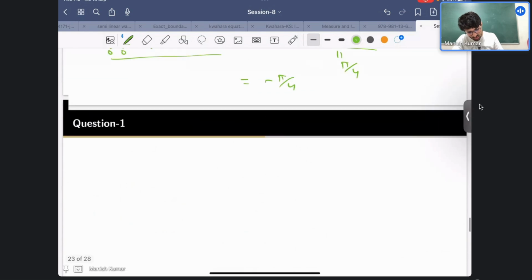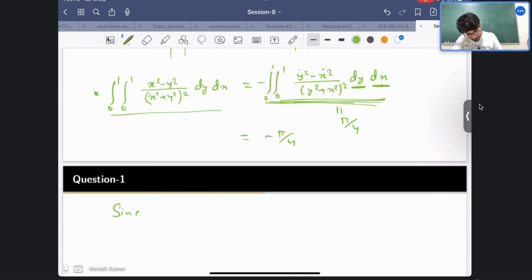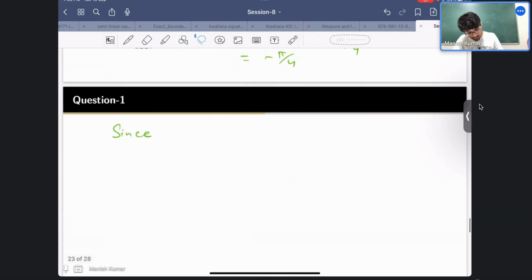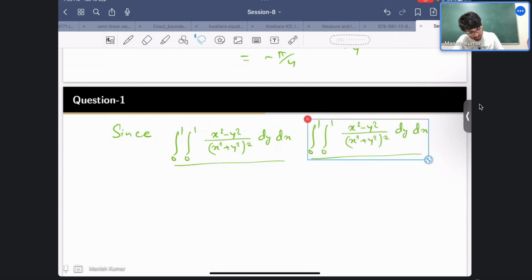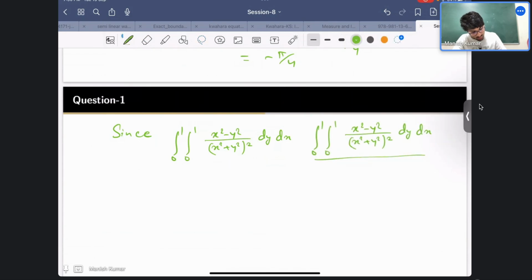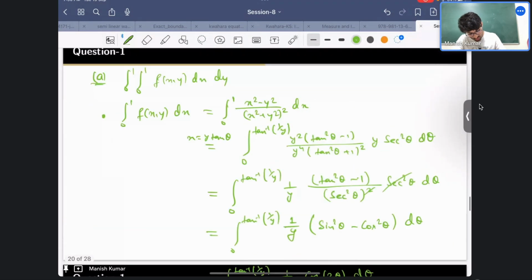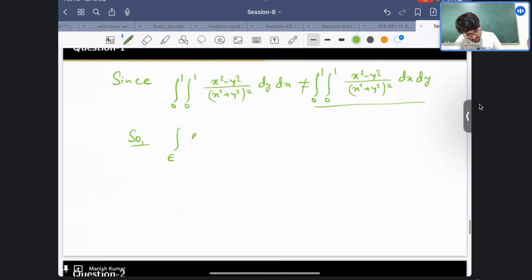Since they are not equal, this integration over E of f(x,y), that is x square minus y square by x square plus y square whole square, d of m1 cross m1, will not exist, right?